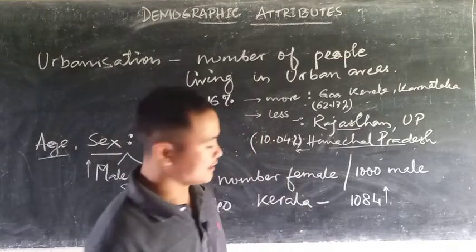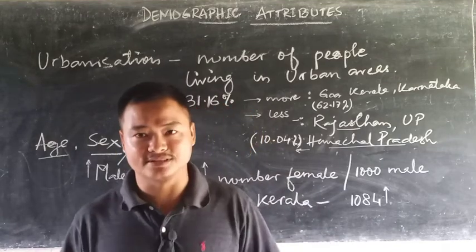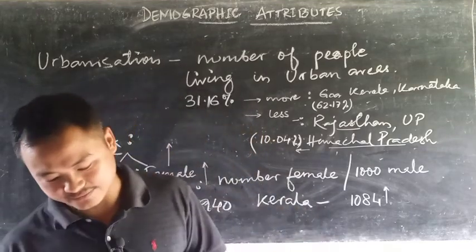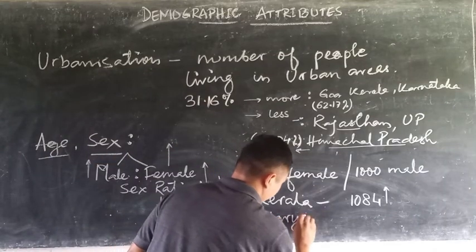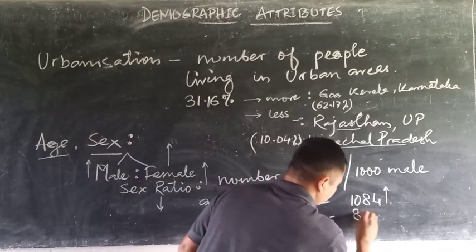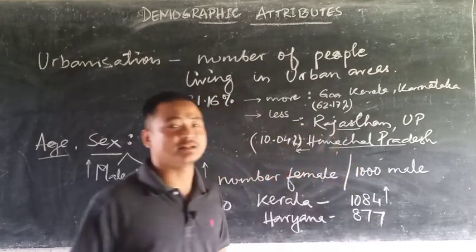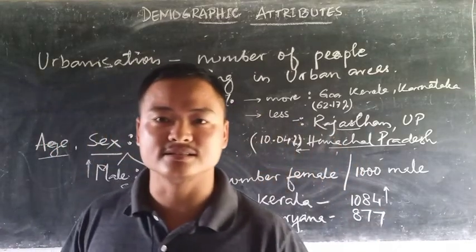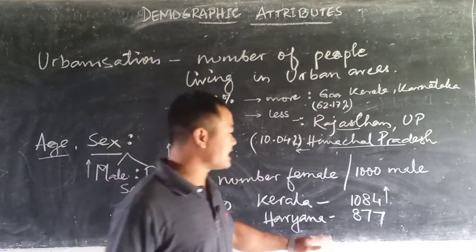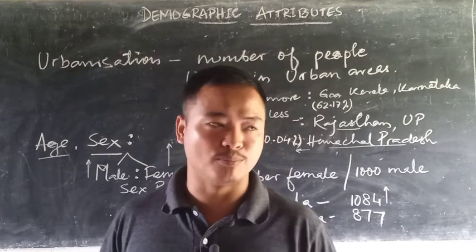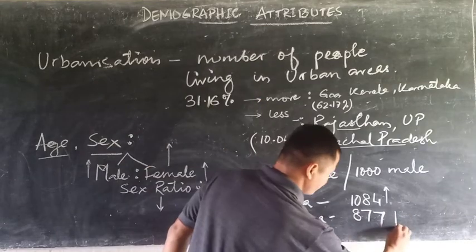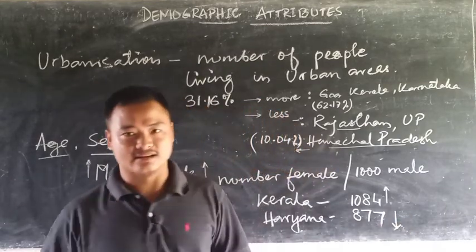In this regard, if we take Haryana as one of the states, it has only 877 females per 1000 males. This shows that the state has a higher number of male population as compared to its female population. So here we see a low sex ratio.